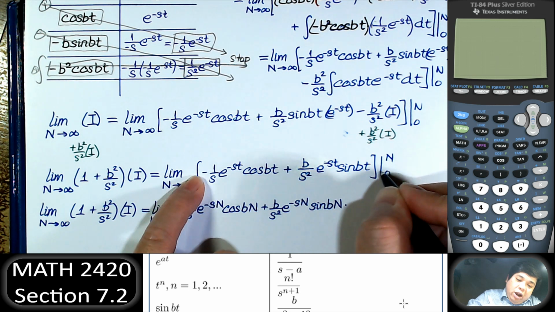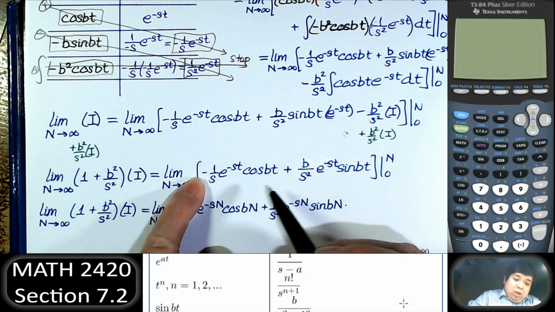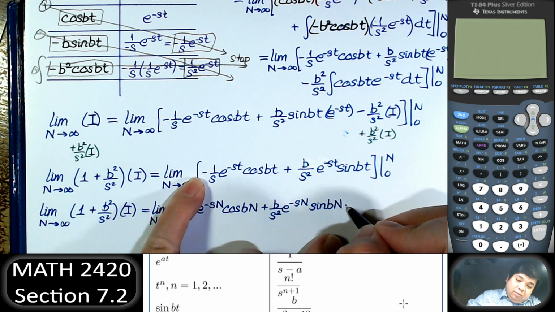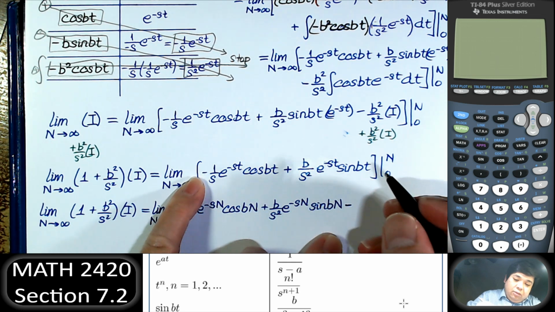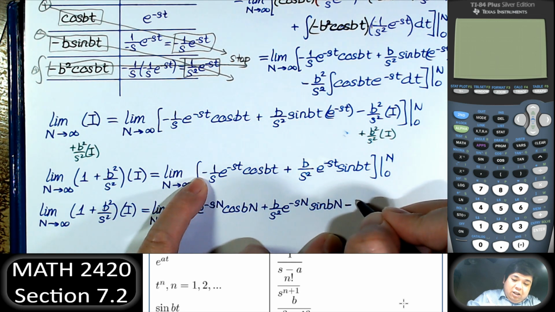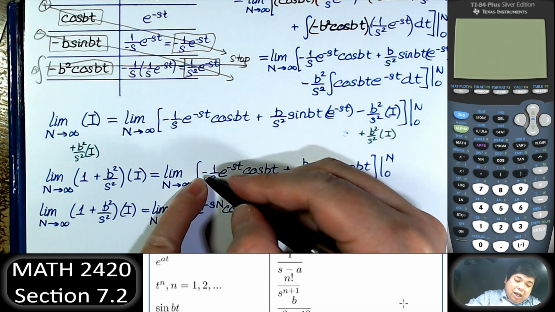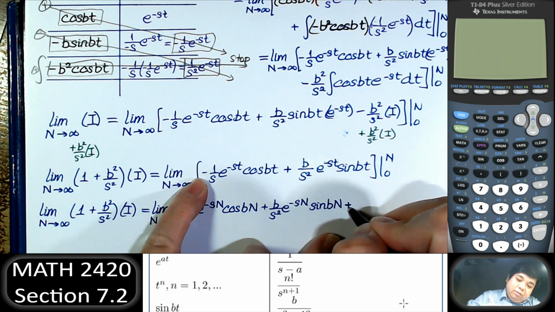And then we subtract when we put in 0, so we just negate this term, minus that term, would turn into a plus.